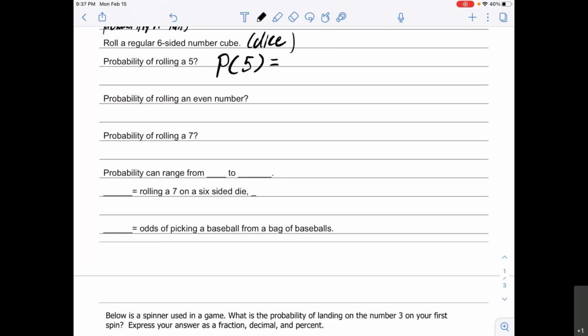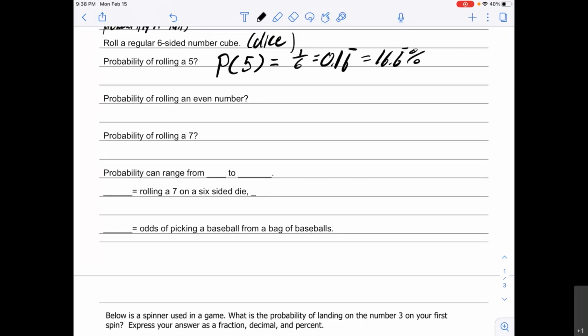Probability of rolling a 5, well, there is one side that has a 5 on it out of 6 total sides. So 1 over 6, writing that as a decimal, we would have 0.16 repeating, or 16.6 repeating percent.